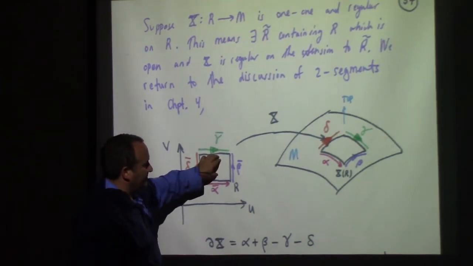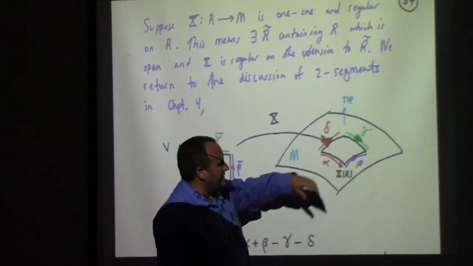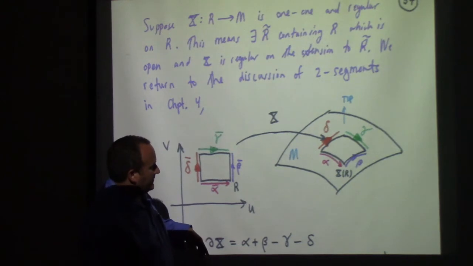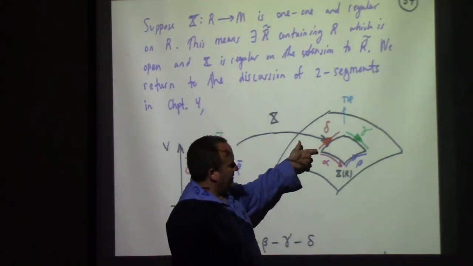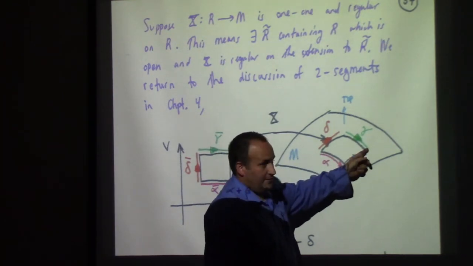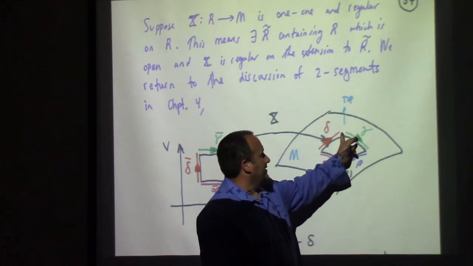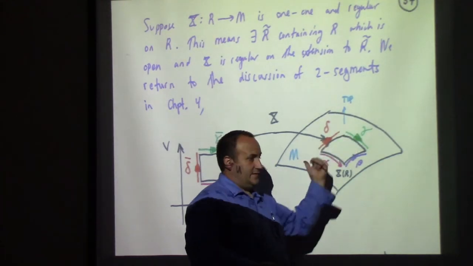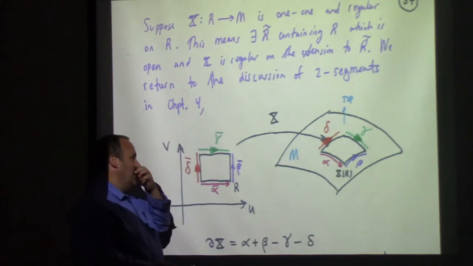This is r right here. This is x of r. The boundary of x of r is the union, the joining of these curves. It's alpha, then beta. Gamma's going the wrong way, so it's minus gamma. Delta's going the wrong way, so it's minus delta. See, alpha plus beta minus gamma minus delta.